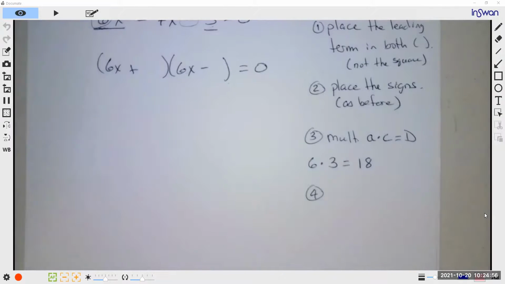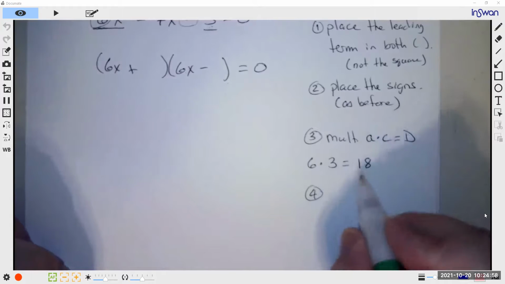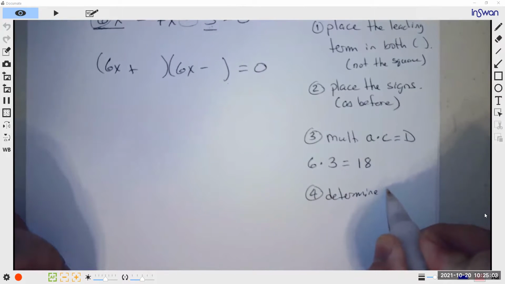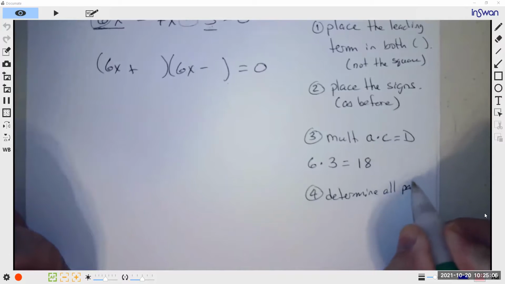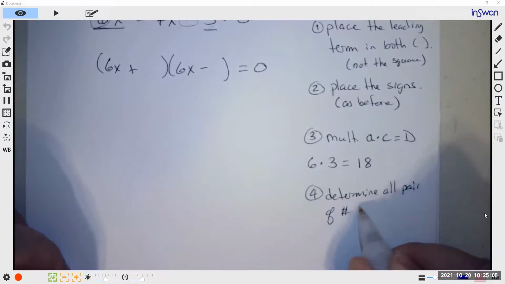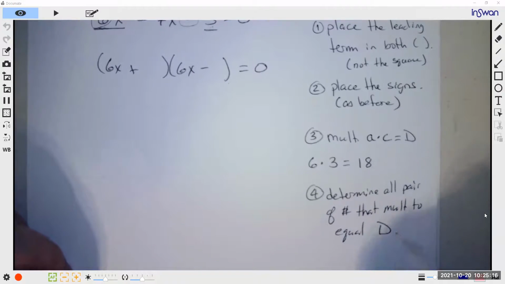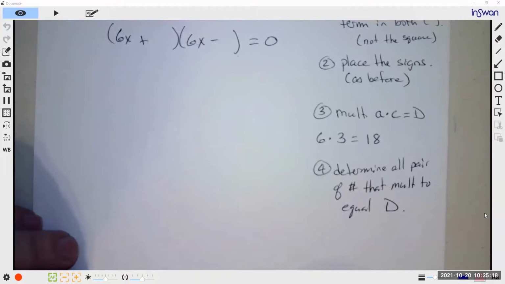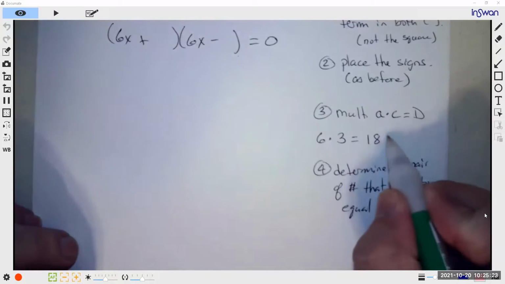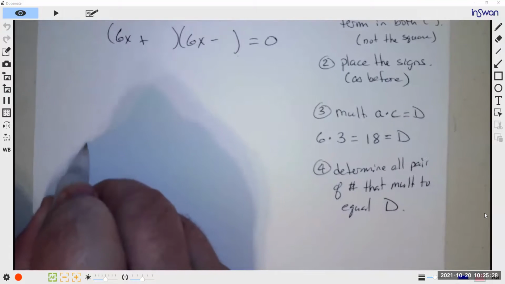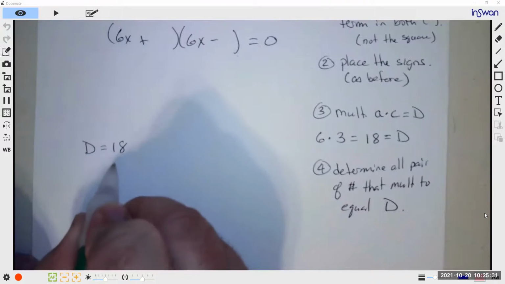Now here's where we go back to the same as the last one. Determine all pairs of numbers that multiply to equal D. So since D is equal to 18, what are all the pairs?